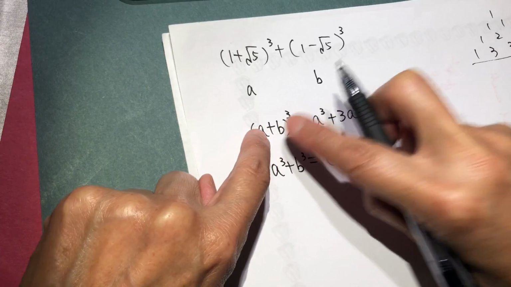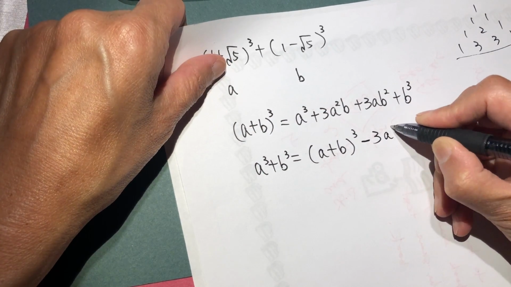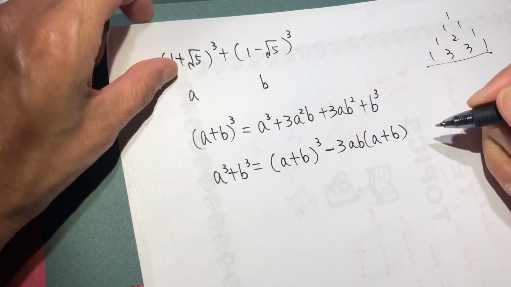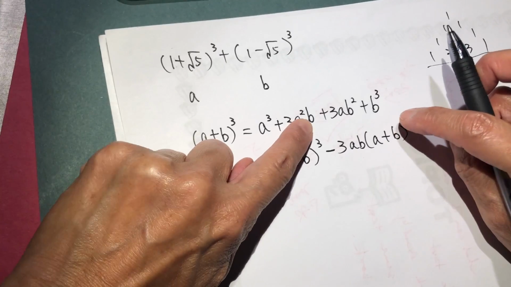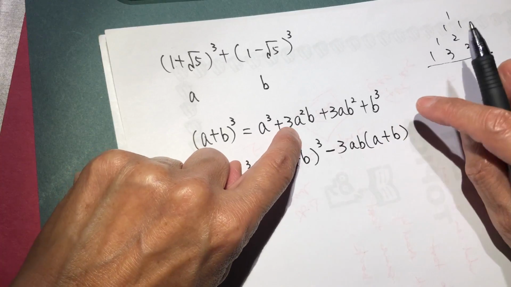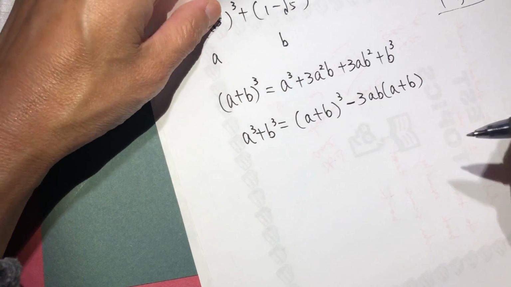We move this to this side, minus 3ab times (a plus b). We take out an a here, we take 3ab out, here we left a, here we left b. Right?